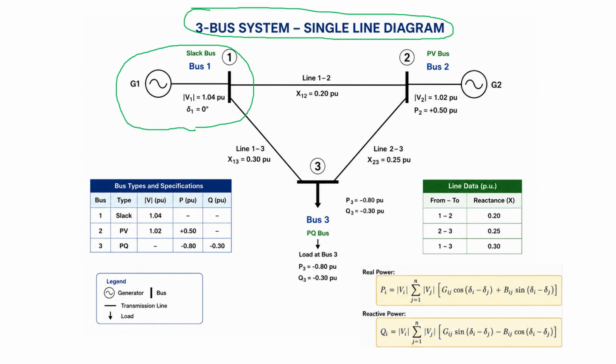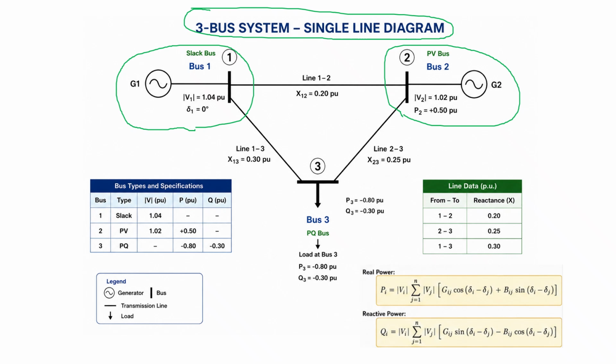Again, we have a PV bus where active power and the voltage magnitude will remain constant. And again, we have a load bus, PQ bus. In this case, we'll have a fixed magnitude of load, whereas voltage and the voltage angle will be calculated.